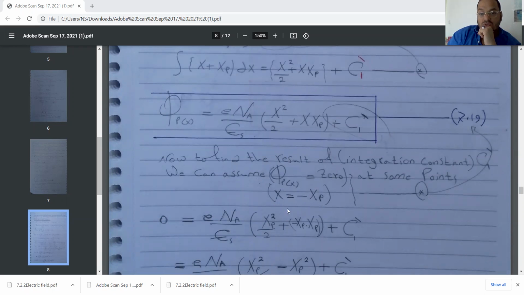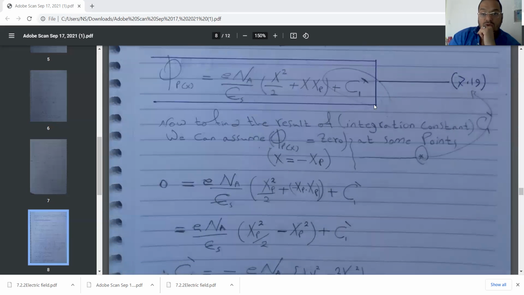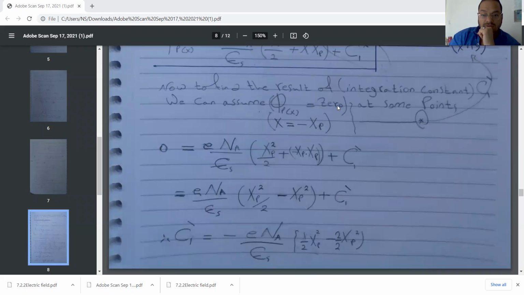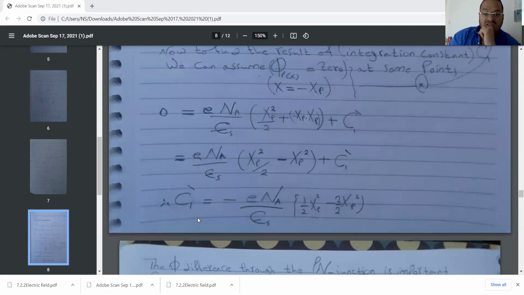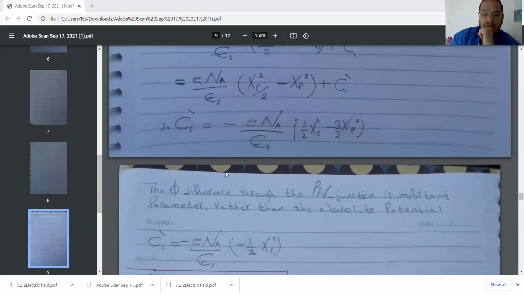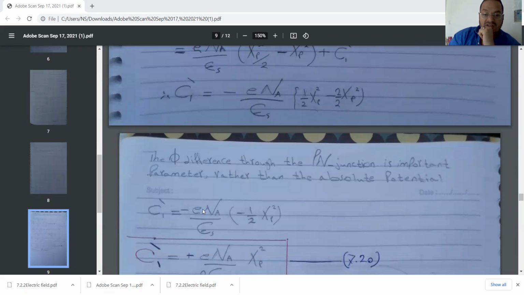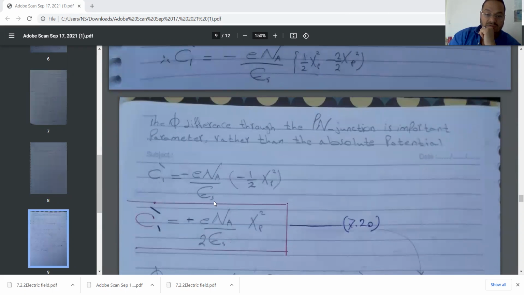We will put these two results in equation 7.19 and calculate all that again to find the integration constant. Like we're seeing here, C1 dash equals minus the acceptor concentration, times minus 1, divided by 2, times the width at the P region squared.